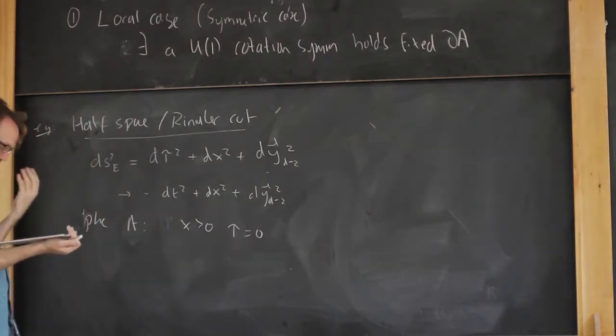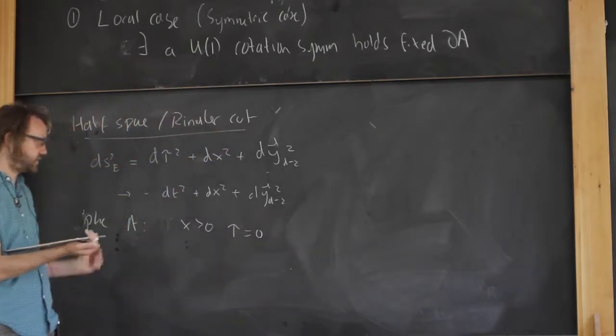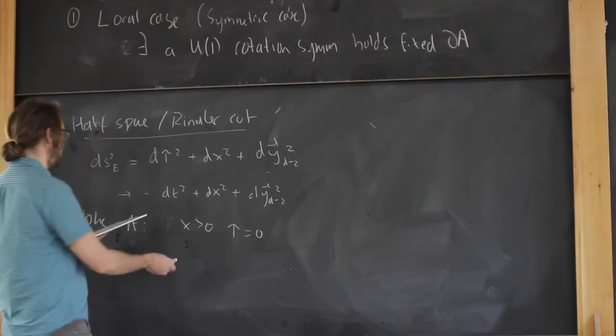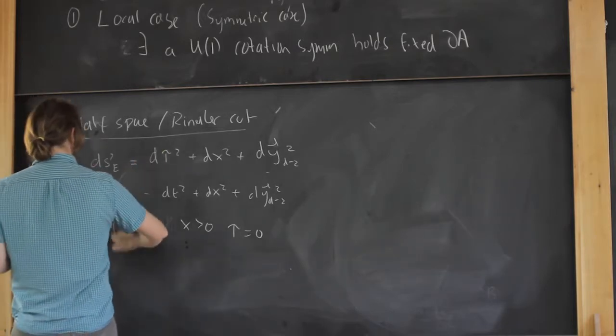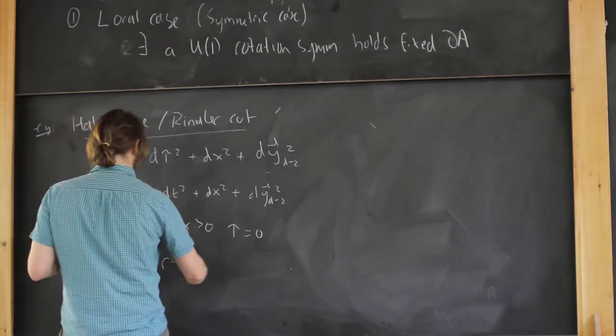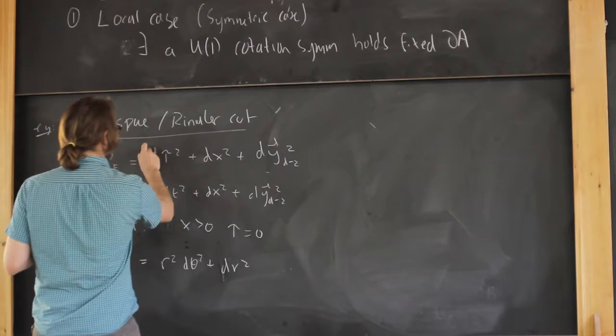then the boundary of this entangling region has this U1 symmetry that holds fixed this boundary. And you can make that manifest just by going to polar coordinates in these two factors.